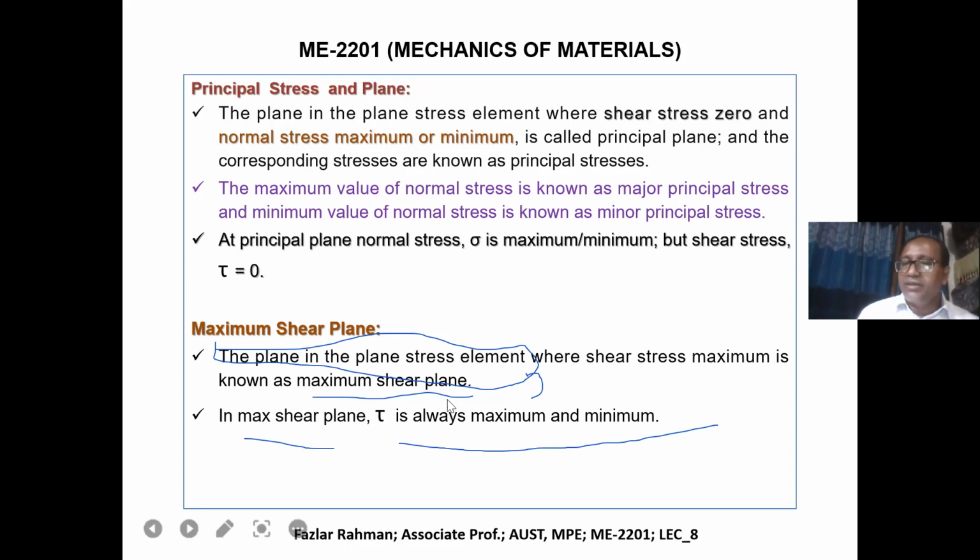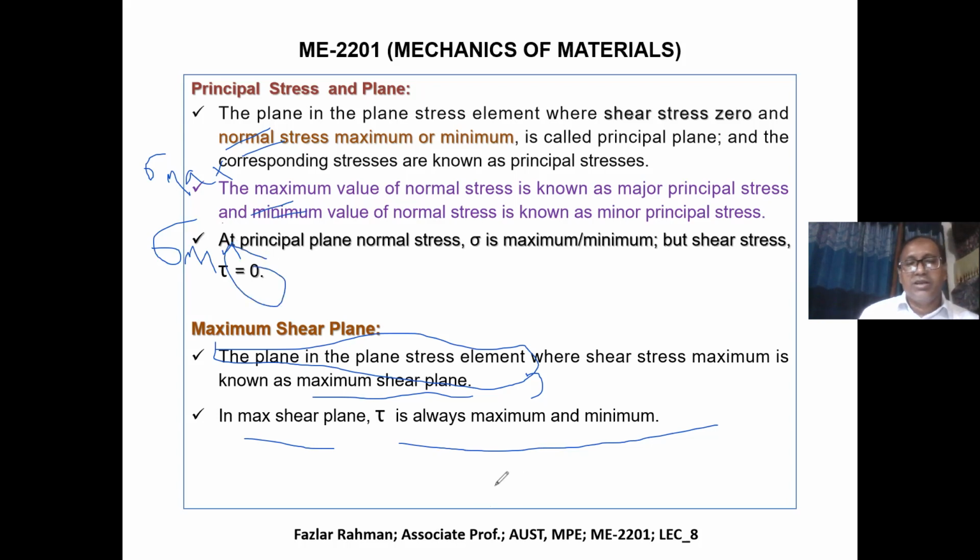And at that angle, what happened right over here? Let me pick up a line. You get sigma max, one value. Both will not be the same, they are different. And right over here, you get sigma minimum. But what is the value of tau?